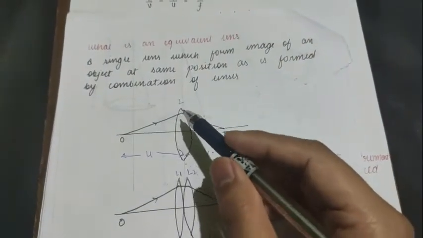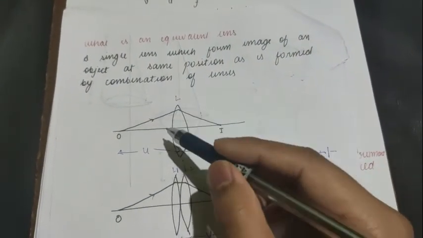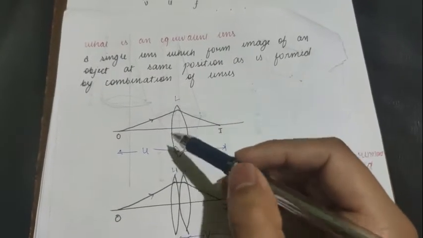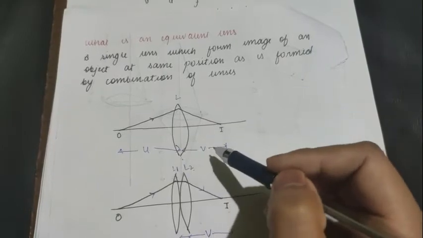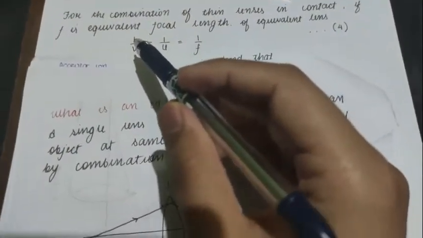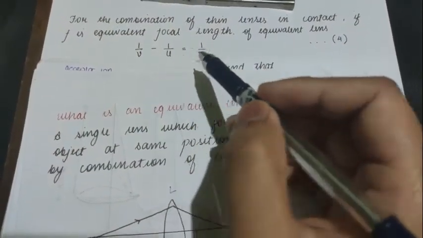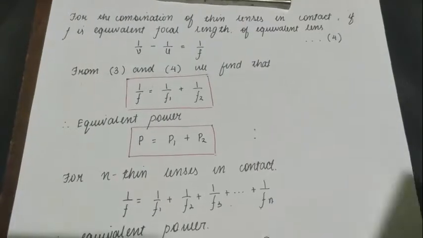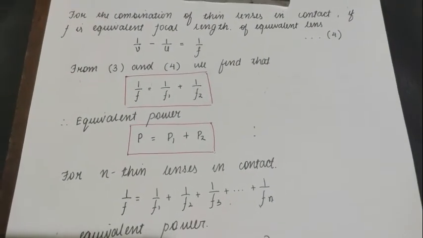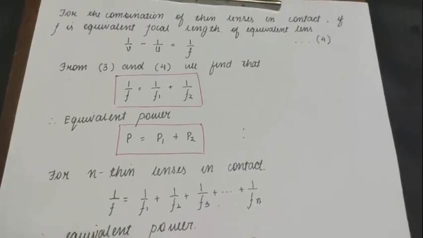Small f. This equivalent lens has a focal length f, and it has an image distance v and an object distance u. So using our thin lens formula, can I write 1/v minus 1/u equals 1/f? Clear? 1/v minus 1/u equals 1/f.